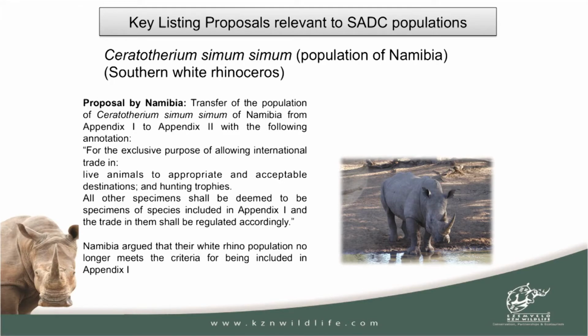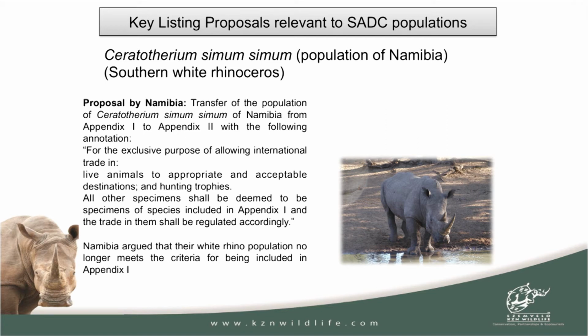Some other key proposals that were considered at CITES, that affect SADC populations and are relevant to us: there's a proposal by Namibia to transfer their population of southern white rhino from Appendix 1 to Appendix 2 with the following annotation: for the exclusive purpose of allowing international trade in live animals to appropriate and acceptable destinations and hunting trophies.